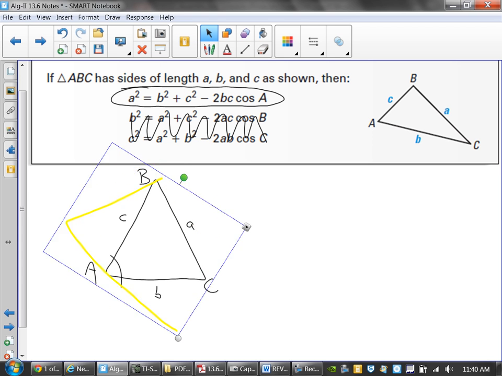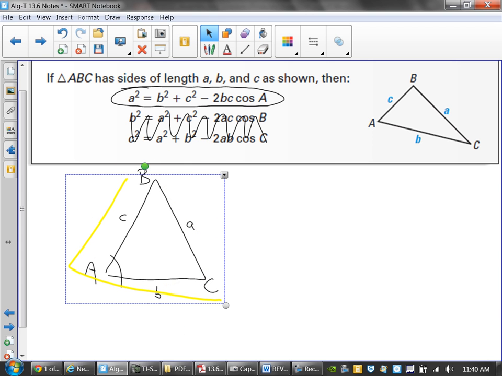Here's what happens. You take your side opposite, square it, equals the sum of the squares of the other 2. Then you subtract 2 times the sides that make up the angle and the cosine of it. It seems overly complicated for what it is, but remember, you're working with side angle side.